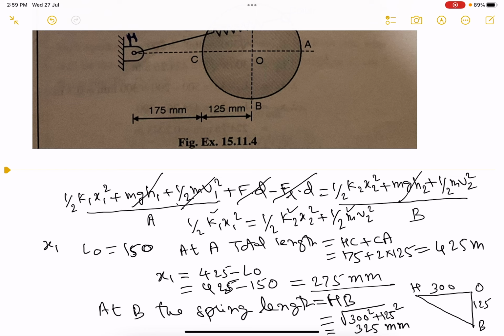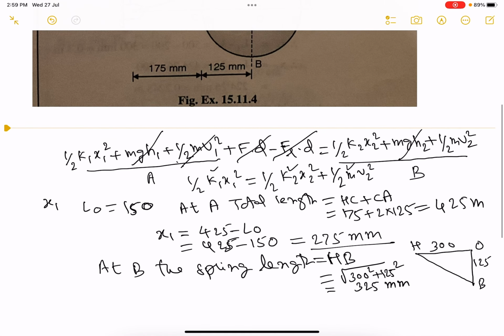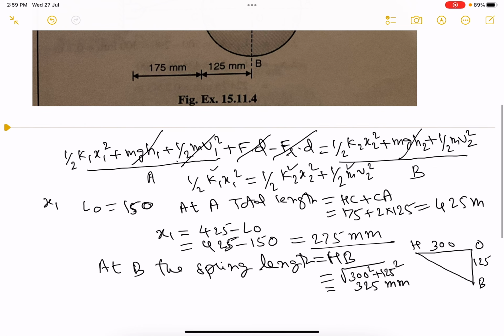Now this is HB. But we know that the original length of the spring is 150, and the length of the spring when the collar is at B is 325. So what is the deflection of the spring?